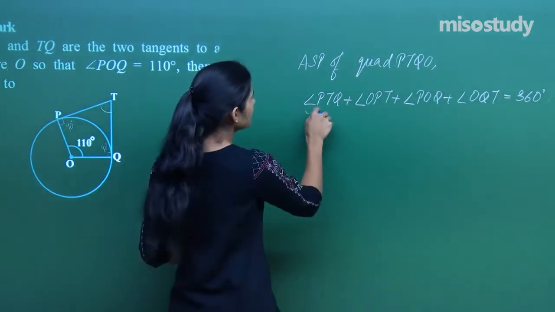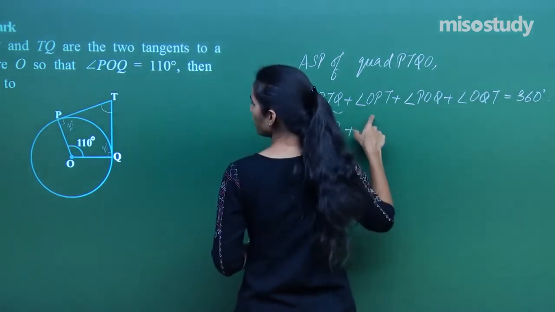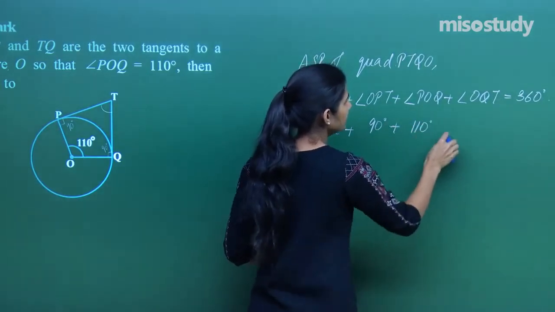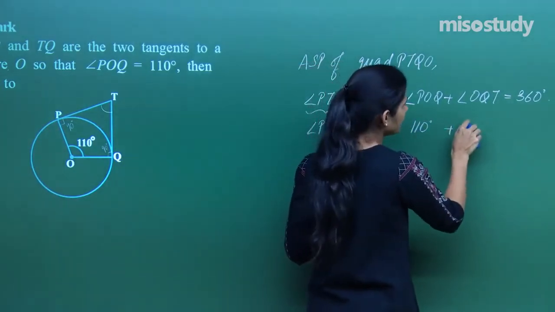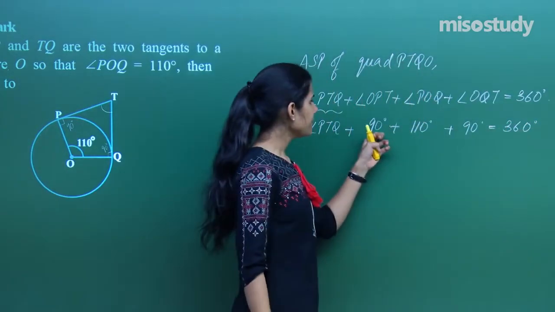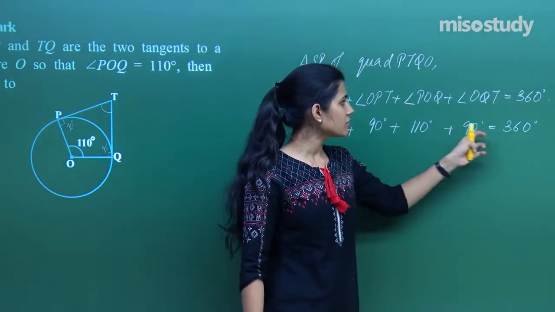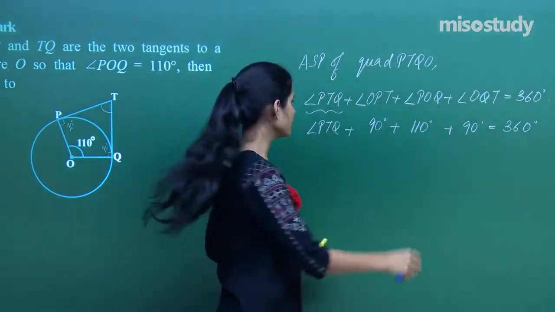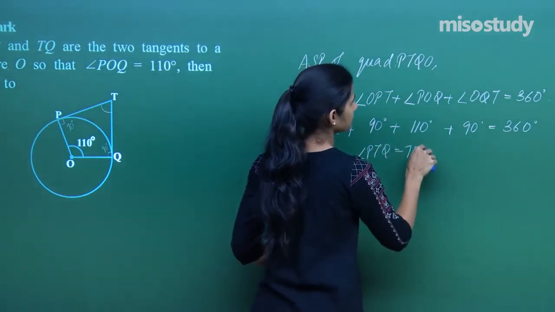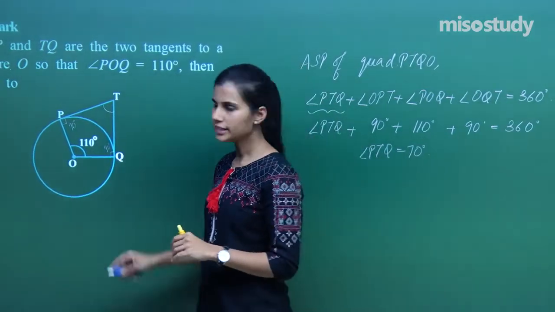Clear? Out of this you don't know PTQ. OPT is 90, POQ is given as 110 and this is also 90. So 110 plus 90 is 200, 200 plus 90 is 290, 360 minus 290 is what? 70. Fine, and so angle PTQ's measure is 70 degrees.